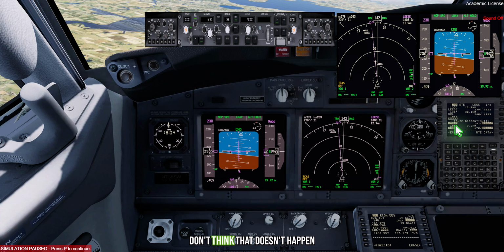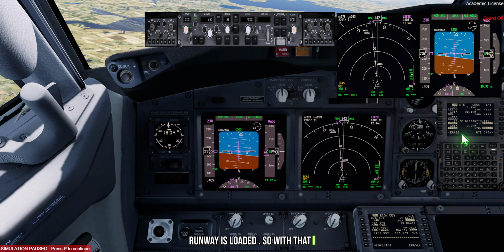And don't think that doesn't happen, because it certainly does. So in any case, I want to confirm with my partner that I have the right approach in there. So the pilot who has not been involved in loading this approach should be looking over here, and chances are your airline does have some kind of confirmation process that the appropriate runway is loaded.